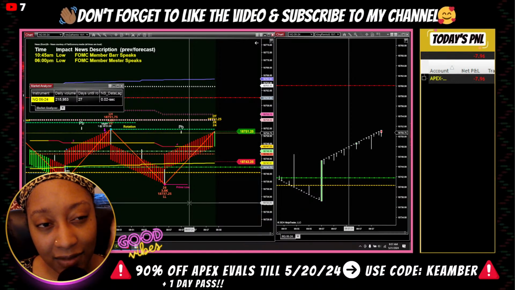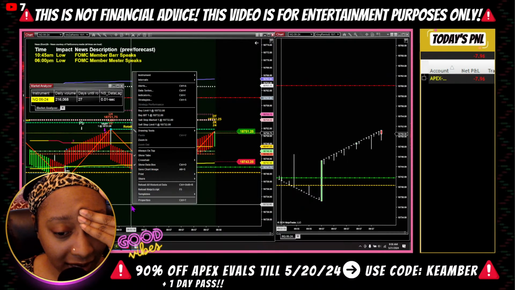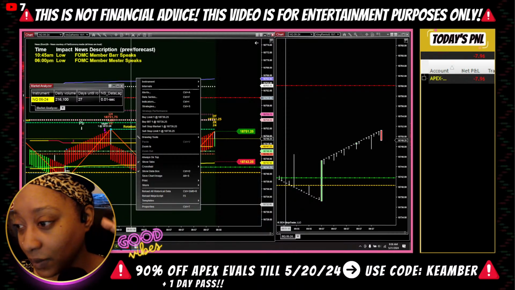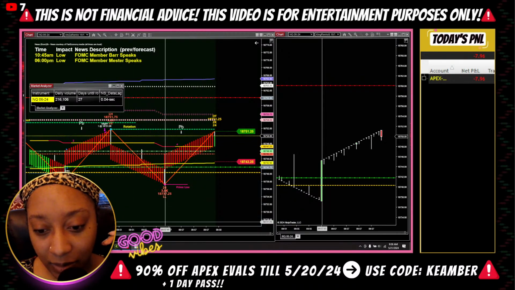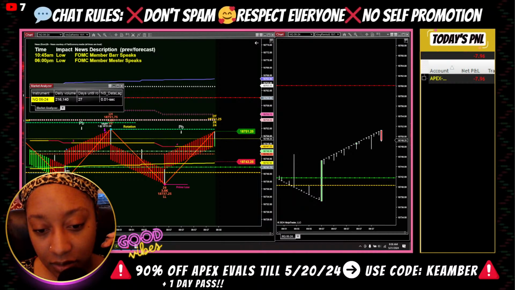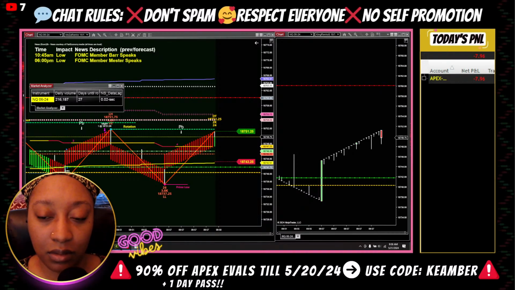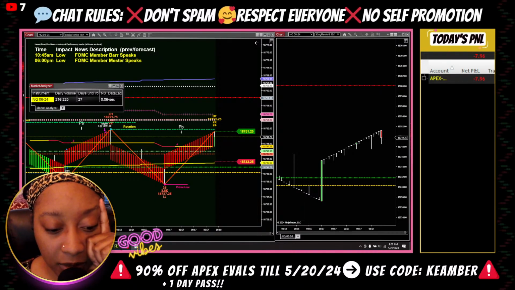But then I looked in the left upper corner of the chart and I saw loading tick replay. I said, oh my gosh, why did I do that? As a matter of fact, let me go and save this. But yeah, that was kind of my fault.